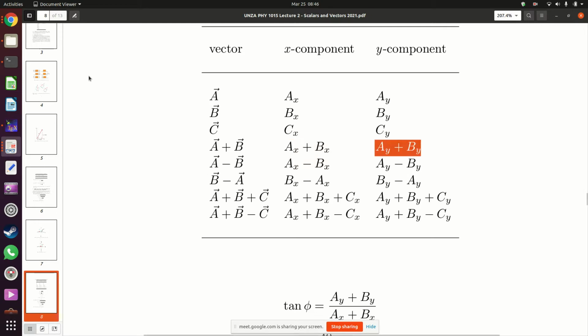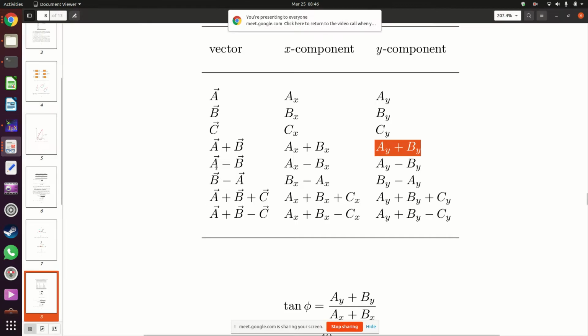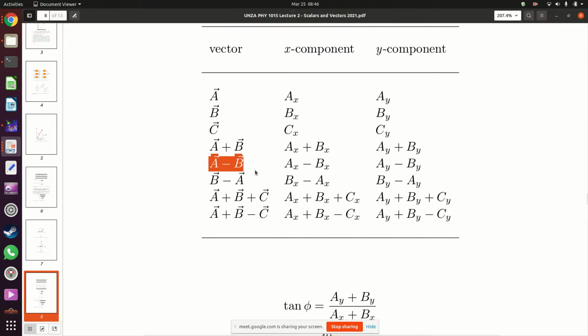Then a minus b. For a minus b, we need to know how much a minus b is along the x-axis and how much a minus b is along the y-axis. So a minus b along the x-axis is simply going to be equal to ax minus bx. Straightforward. So you know how much this vector is along the x-axis.